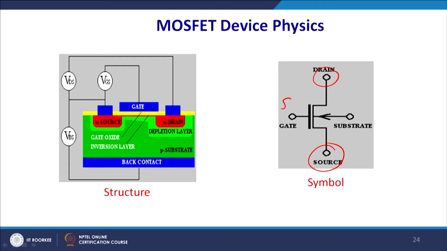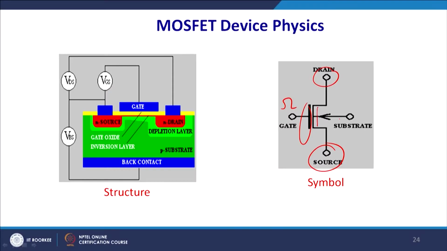Whenever you give a pulse, there will be an induction, and generally there is silicon dioxide or any kind of insulating medium, so there will be a capacitive effect, and due to that induction there will be charge carriers, then the channel will be formed, and with this channel current will flow. Since it is insulated, the current flowing through it will be quite low, but since there is a capacitor, I equals C dV/dt.